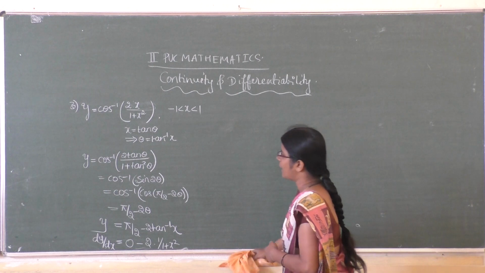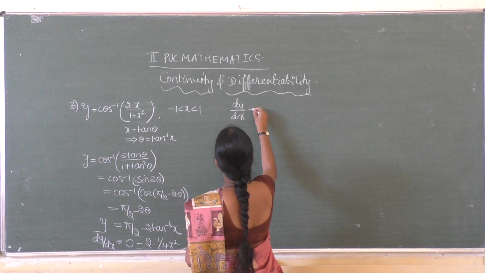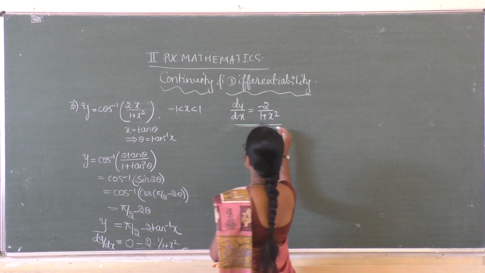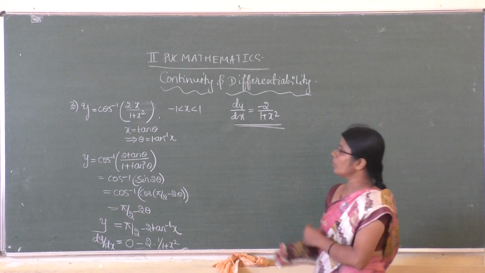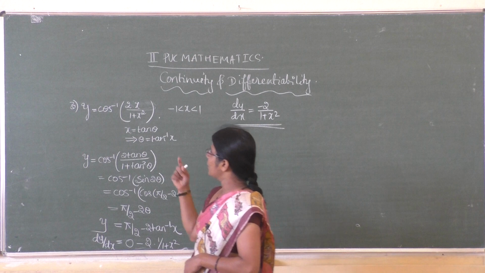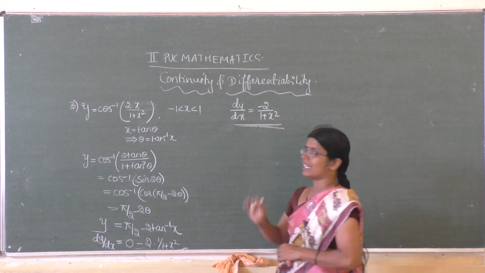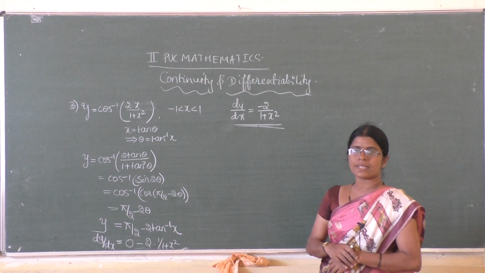So for y equal to cos inverse of 2x by 1 plus x square, the derivative is minus 2 by 1 plus x square.